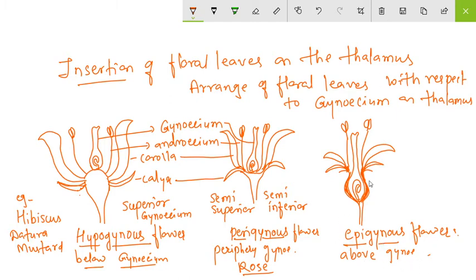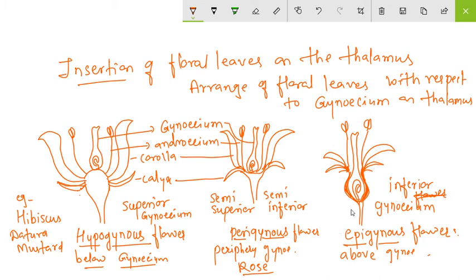In such conditions, these flowers are also known as inferior flowers, or the ovary is inferior, the inferior gynoecium. So it is the epigynous flower.